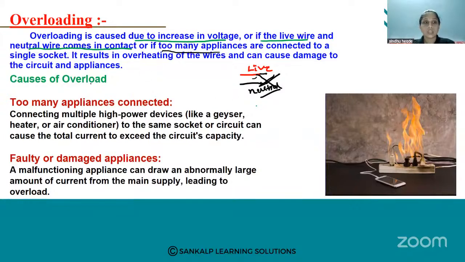We will see what the causes of overload are. First cause, too many appliances are connected. In the circuit, appliances with high current consumption like geyser, heater or AC are all connected at a time. At that time there are chances of overload. So the first cause is too many appliances connected at a time.